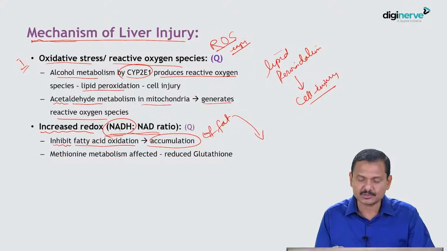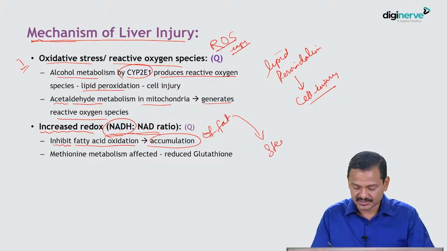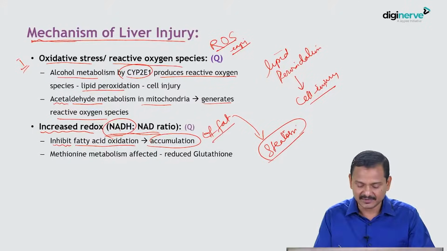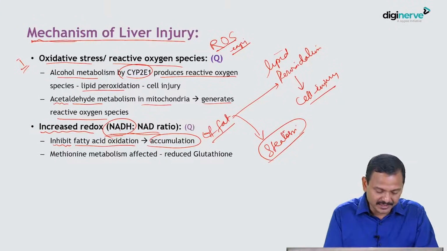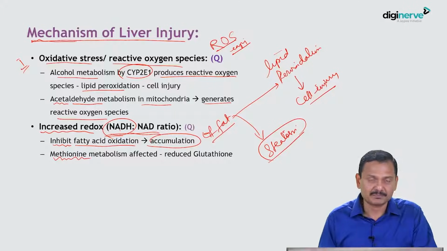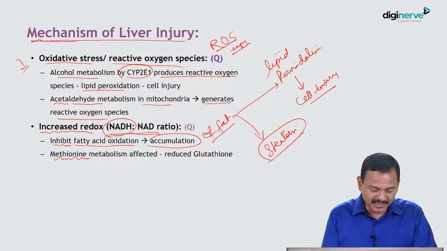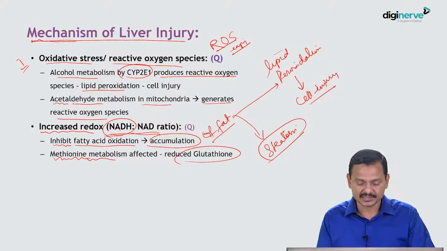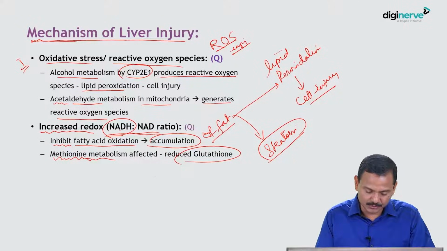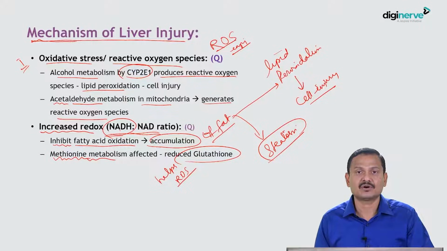Okay, and this accumulation of fat is called steatosis. Once there is fat, then fat can undergo lipid peroxidation, and that can lead to cell injury. Then in addition to that, the methionine metabolism is also affected, and methionine is an important component of glutathione reductase, which helps to protect us from free radical injury or reactive oxygen species.